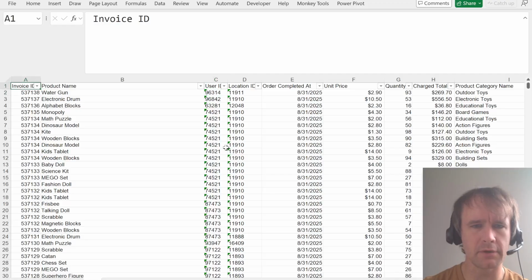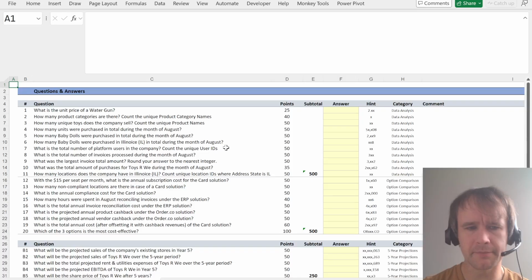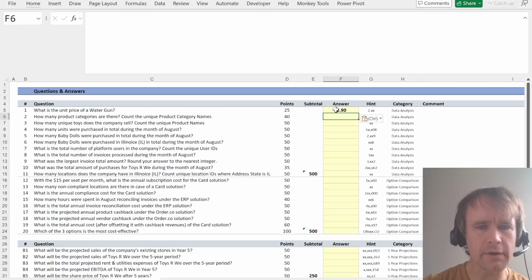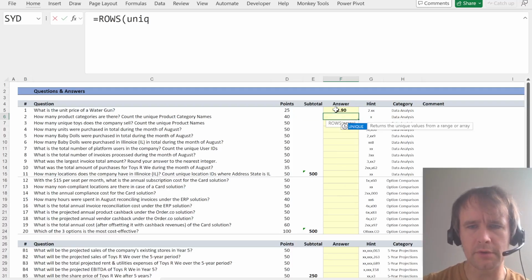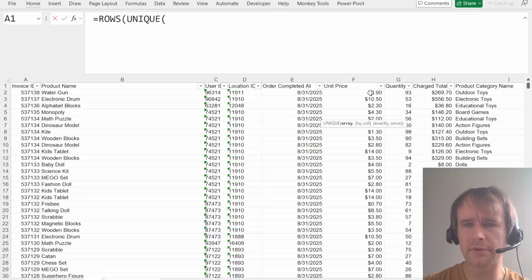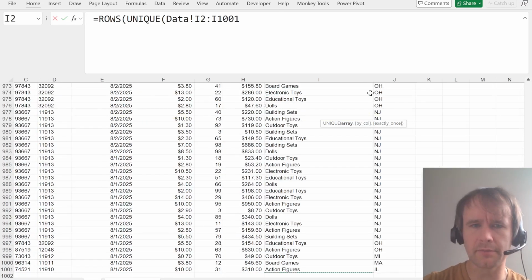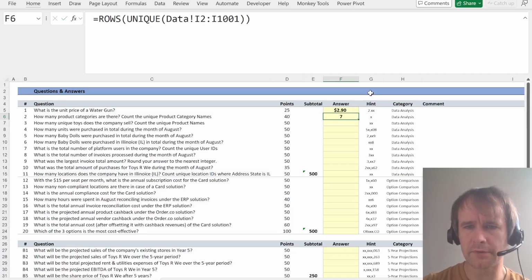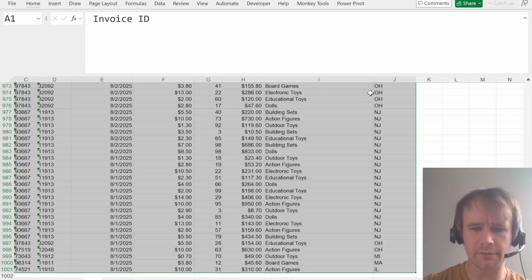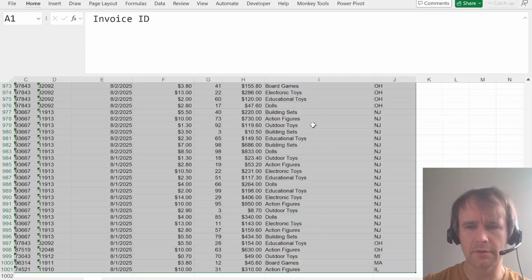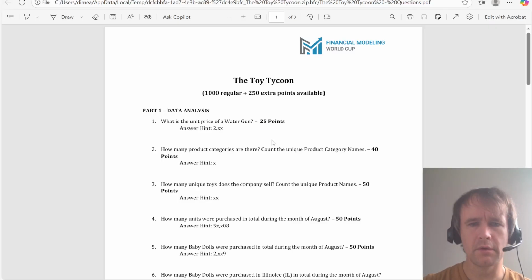Unit price of a water gun. Okay. How many product categories are there? Rows of unique of, where is it? Product category. 7. Okay, and hang on. Let's just make this a table already. Okay.